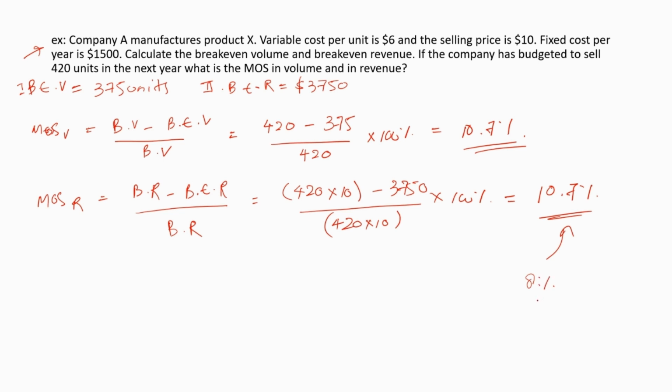They are safe because another 2.7% can be declined before the company starts to make losses. Let's say the budgeted sales units have declined by 11%. Are they safe or not? No, they are not. This is because now the sales units are below the break-even point, which means now the company is making losses.